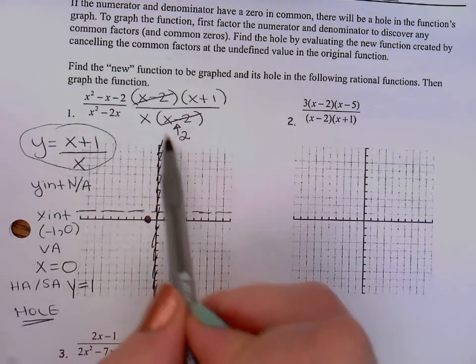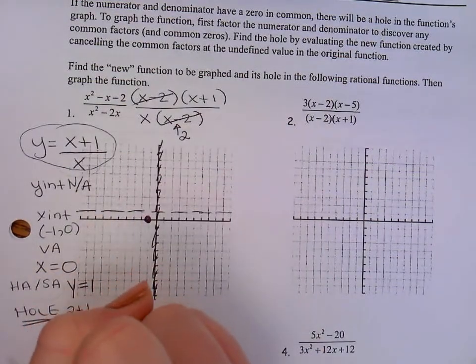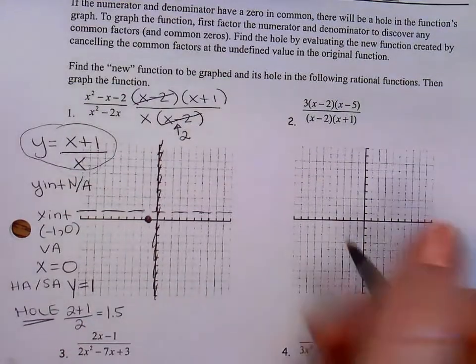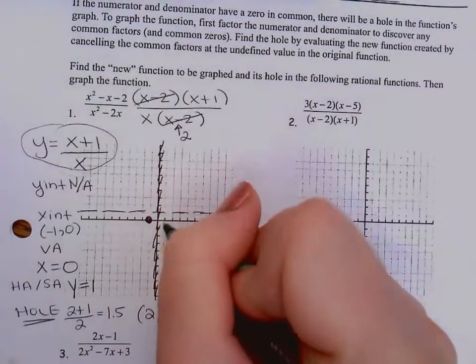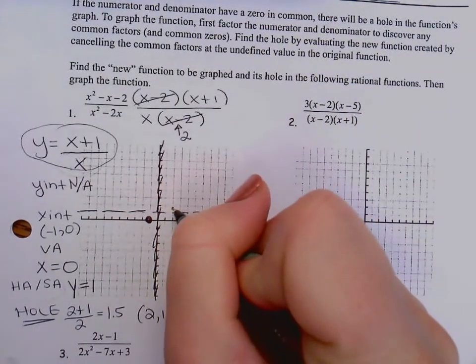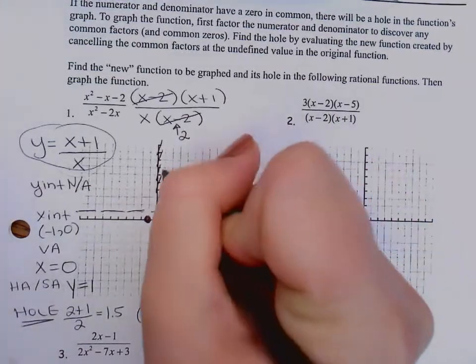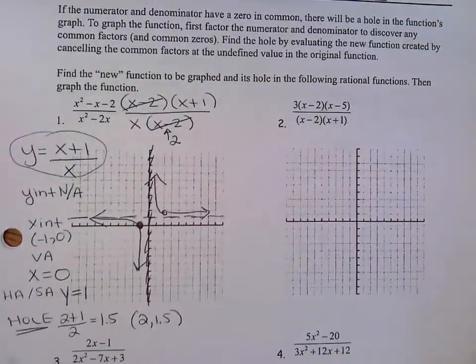So we're going to plug in 2 into this function and see what we get. We get 2 plus 1 divided by 2, which is 1.5. So (2, 1.5) is the location of the hole. That tells me that this region of the graph is this elbow, and this region of the graph is this elbow. And now I'm finished.